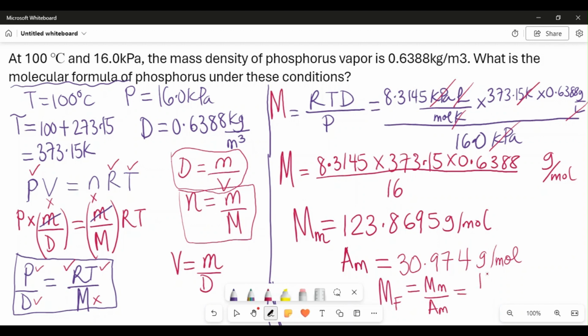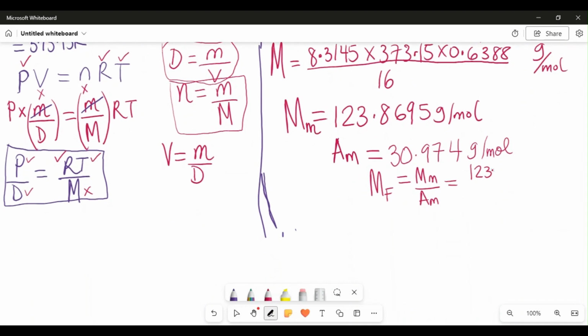So you end up with 123.8695 gram per mole divided by 30.974 gram per mole. We cancel out the gram per mole because we're not finding a unit of anything. We're trying to find how many of it exist.